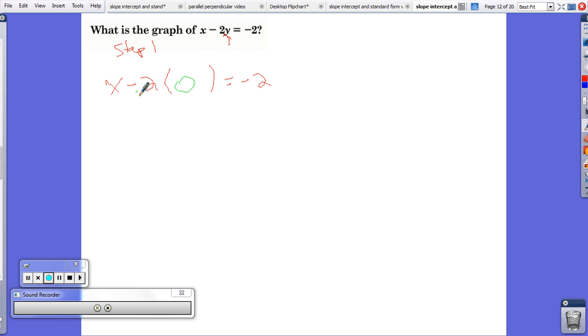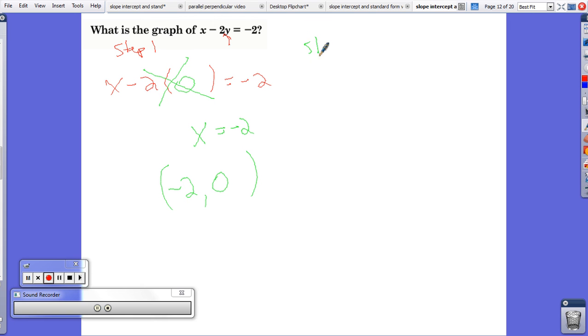Okay, so x minus 2 times 0 is equal to negative 2. So this goes away. And look, I'm left with x is equal to negative 2. So I found my first intercept. I have 0 for y, and I have my x at negative 2. So there's my first intercept.